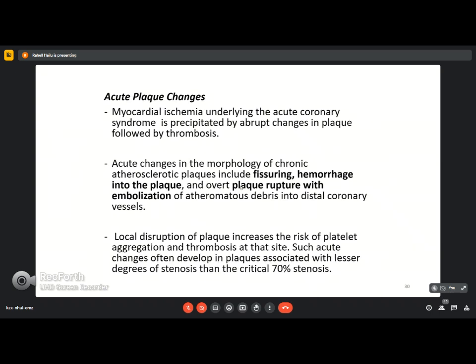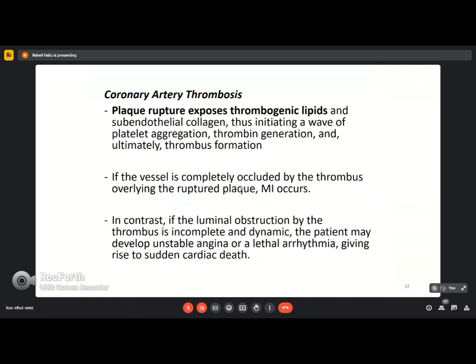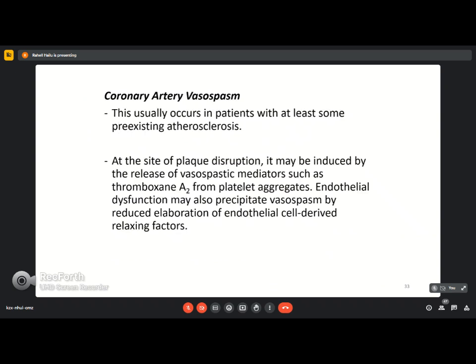Acute plaque changes result in sudden occlusion of the vessels, so it results in a much more drastic clinical presentation. This is just what we have seen earlier. Coronary artery thrombosis is also one of the big changes.